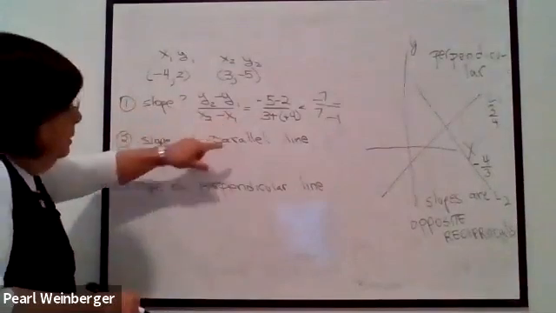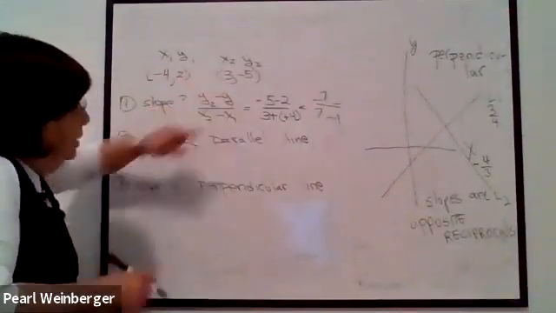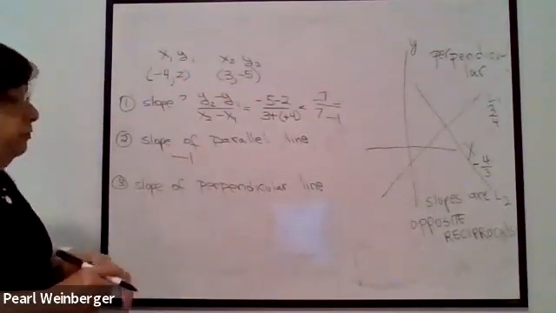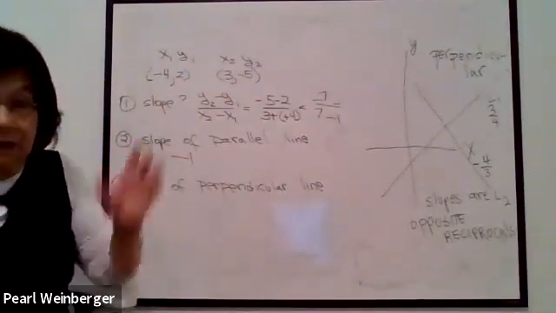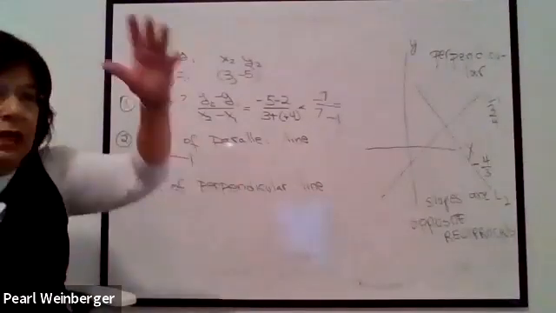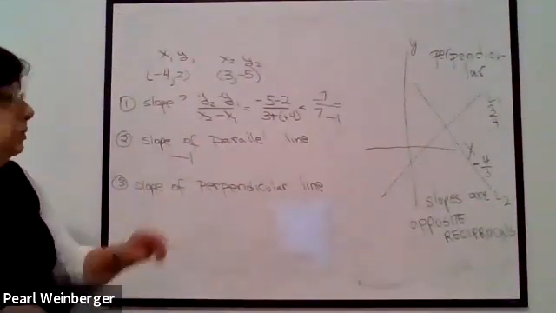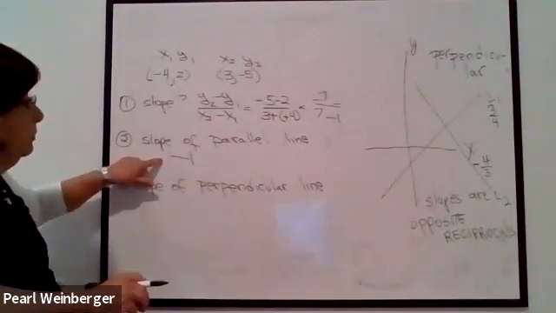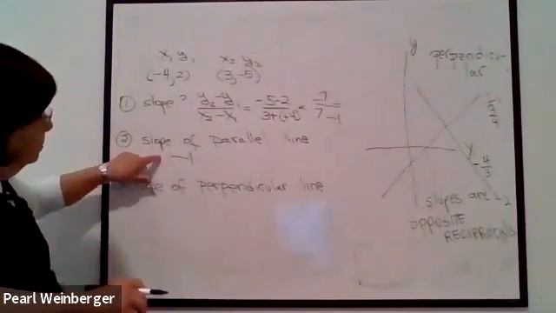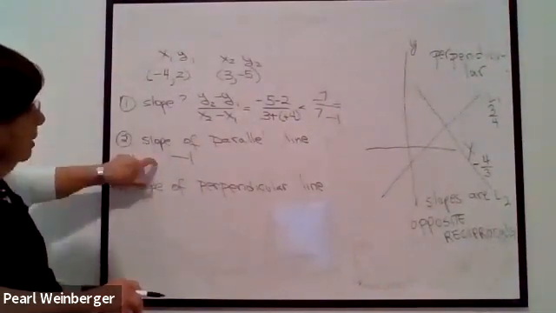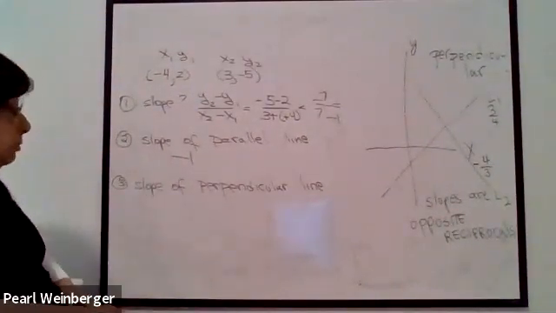So therefore, since this line has a slope of -1, this line will also have a slope of -1. Parallel lines, think about it, they're slanted exactly the same amount. So therefore, they have to have the same slope. Any line that's parallel to this line is going to have a slope of -1 as well.